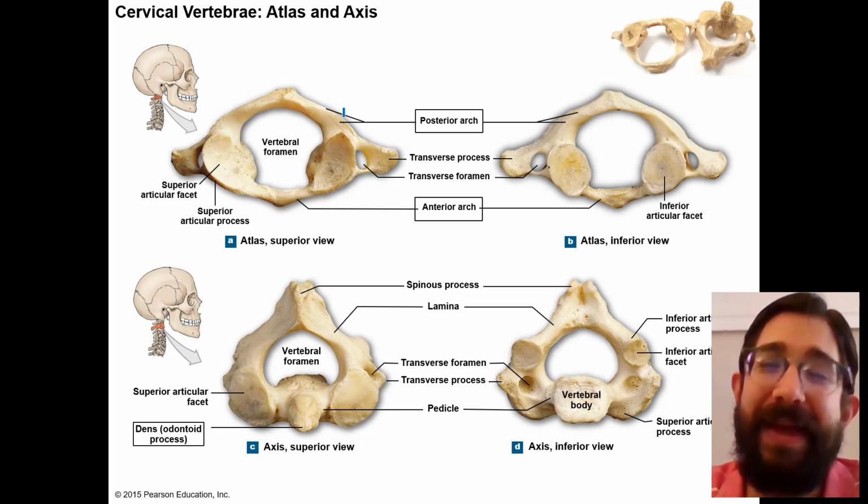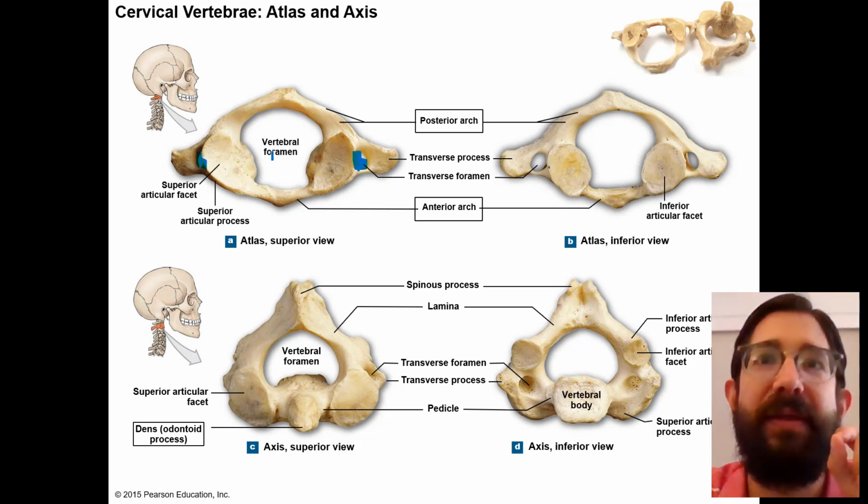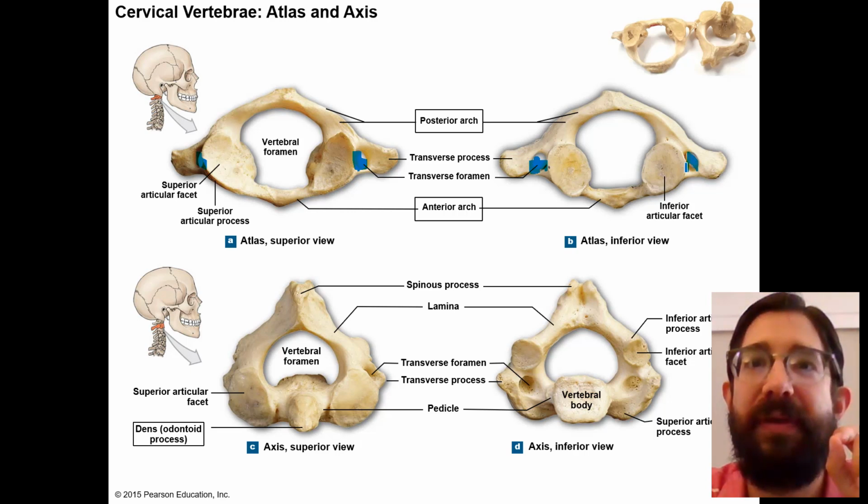The good news is that they still have the one most important characteristic of cervical vertebrae, and that is the transverse foramina. These little holes that only the cervical vertebrae have. So that's great.